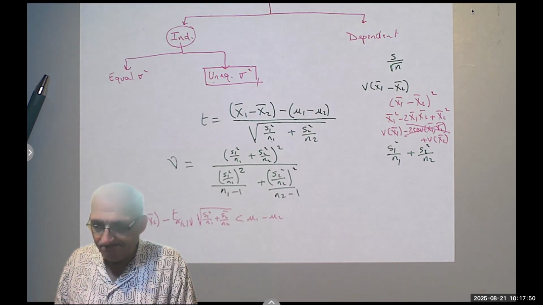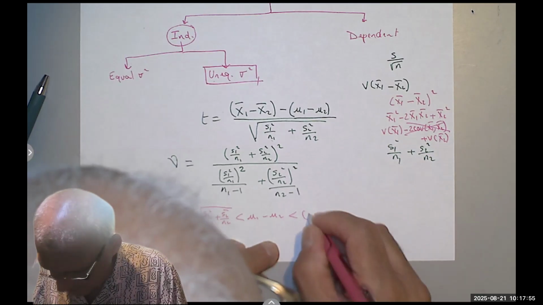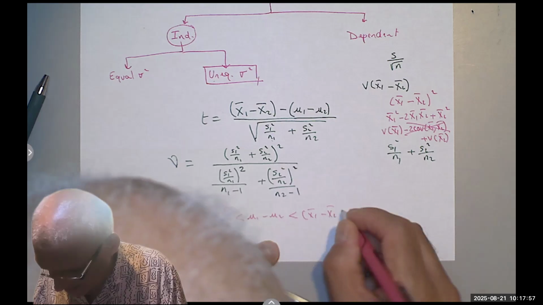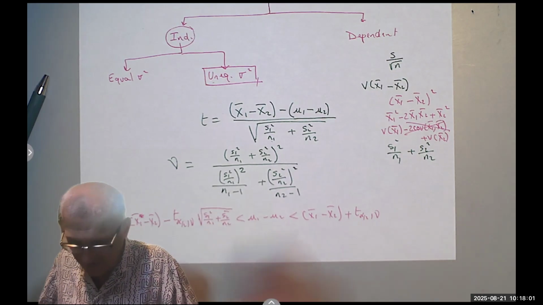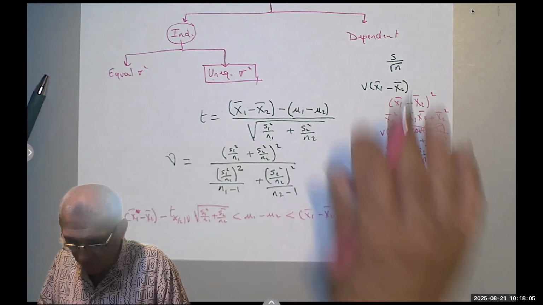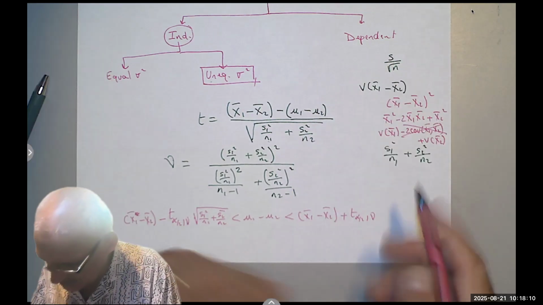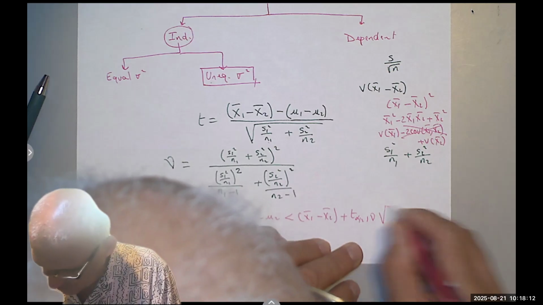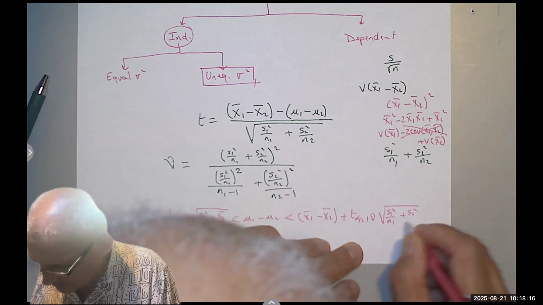Okay? And then less than x1 bar minus x2 bar plus t alpha over 2 and degrees of freedom if it's a two-sided confidence interval, or t alpha if it's a confidence bound, times the square root of S1 square over N1 plus S2 square over N2.